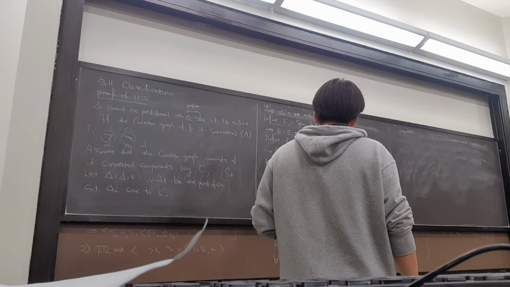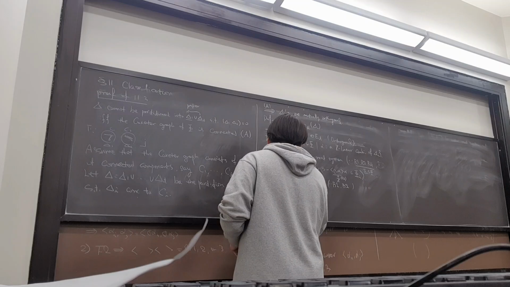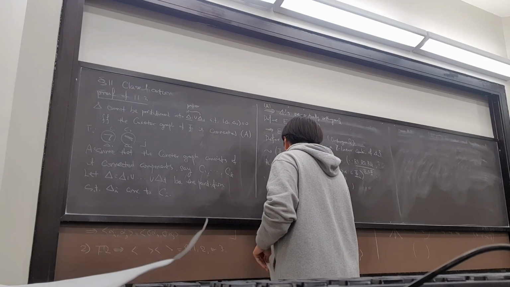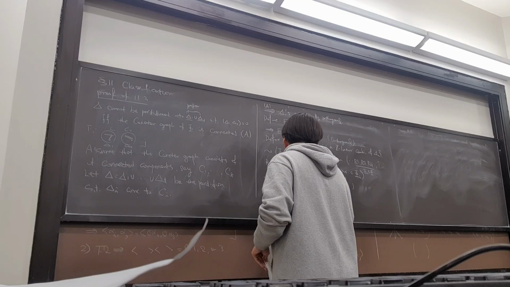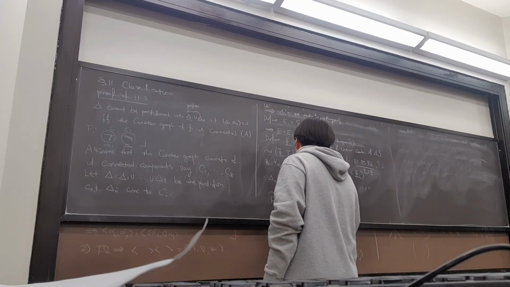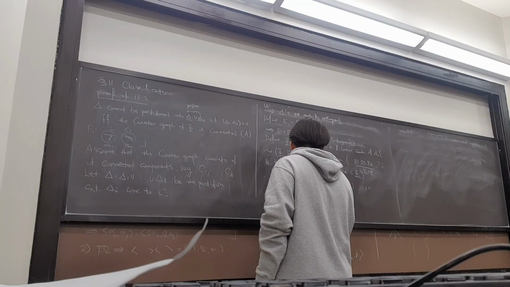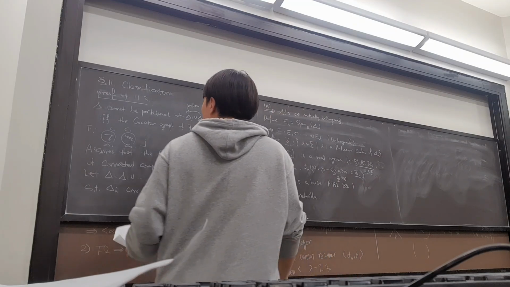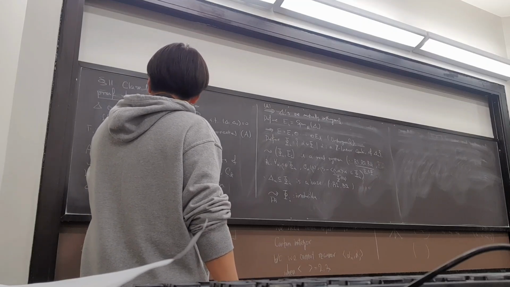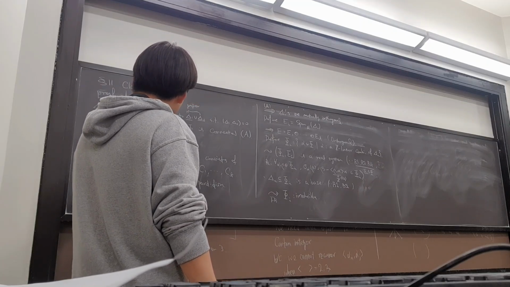So I think fact 5: pi i is irreducible, because delta i cannot be partitioned, right?